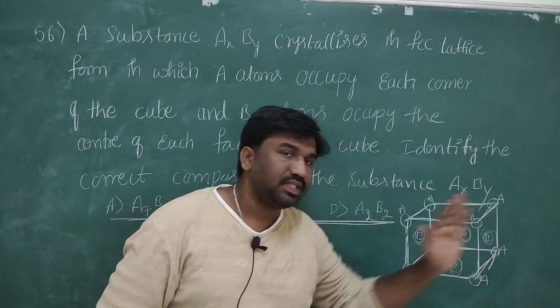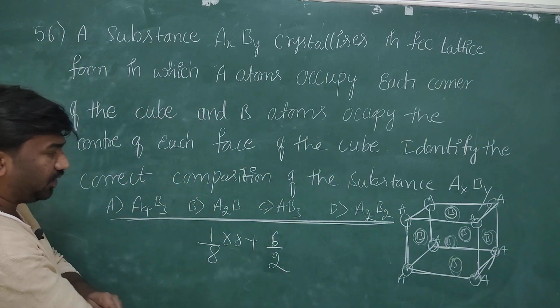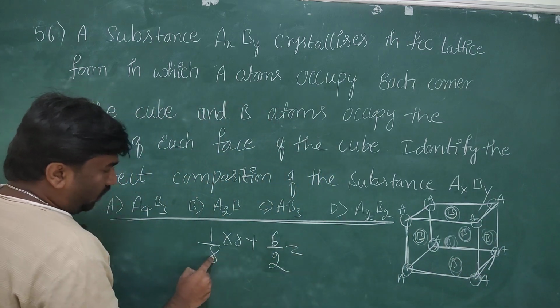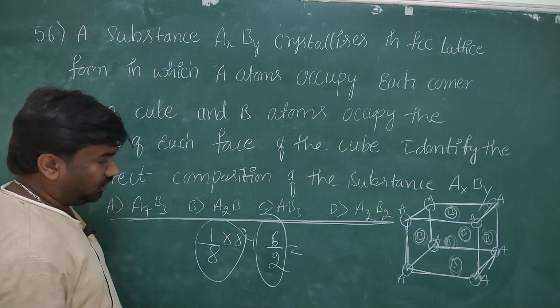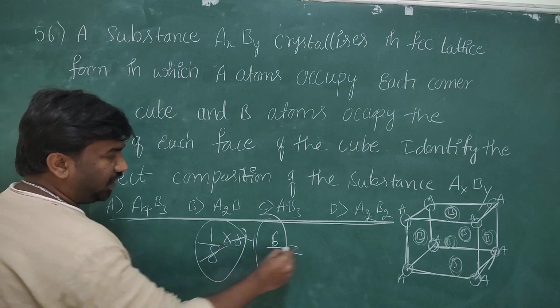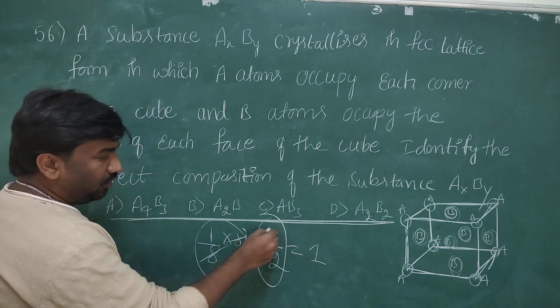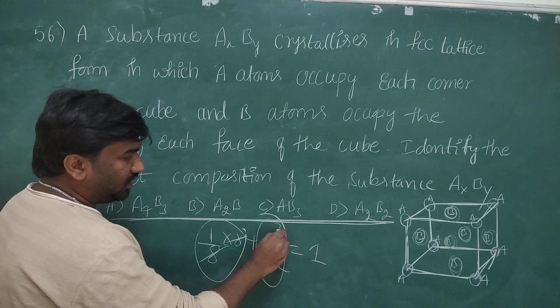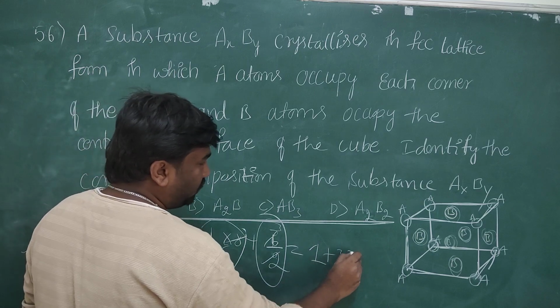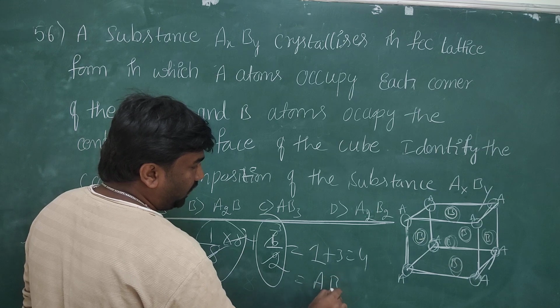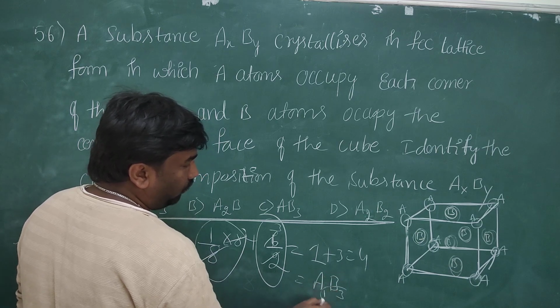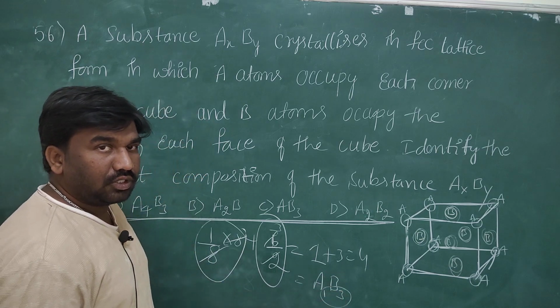Therefore, 6 by 2. This is for corner and this is for face center. For corner atoms, 1 by 8 into 8 is 1, and for face atoms, 6 by 2 is 3. So 1 plus 3 is equal to 4, which is A1 and B3. So the total is 4. This is the composition.